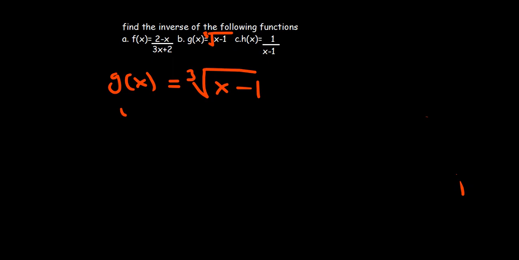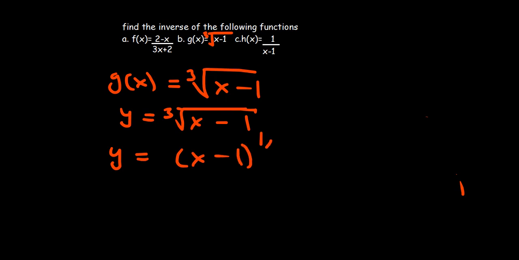We replace g of x with y, then you have a third root like that. Then here you make x the subject of the formula. So you need to get rid of that third root. So y is equal to the cube root of (x minus 1).